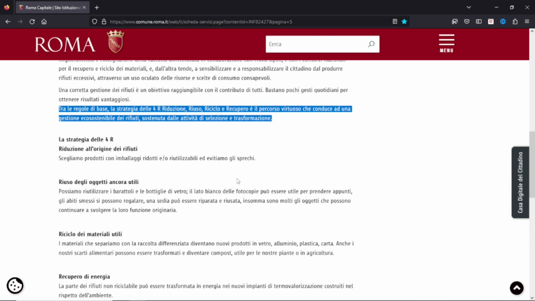Within the basic rules, the strategy of the 4 R's, reduction, reuse, recycling, and recuperation again. I'm not quite sure what.